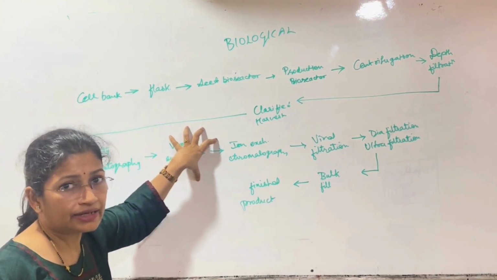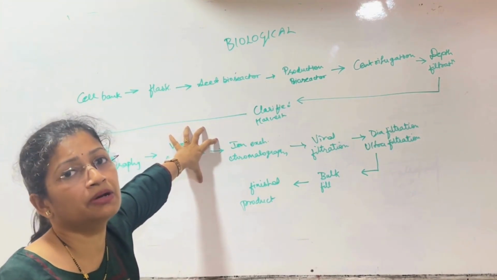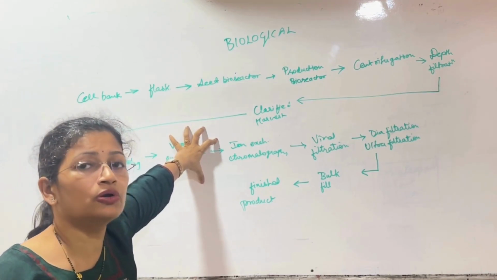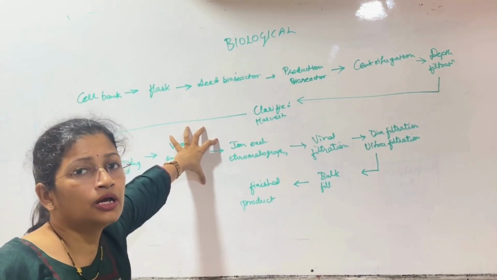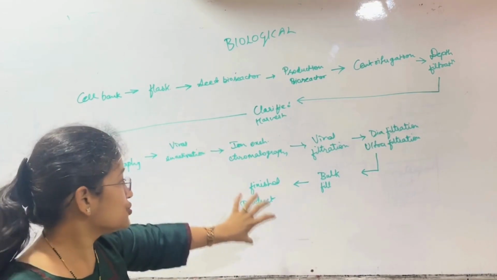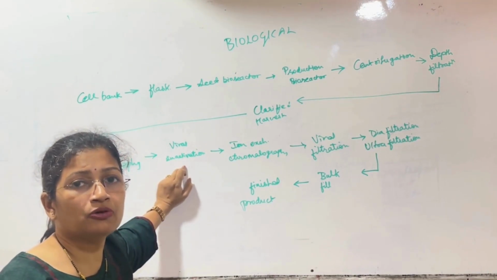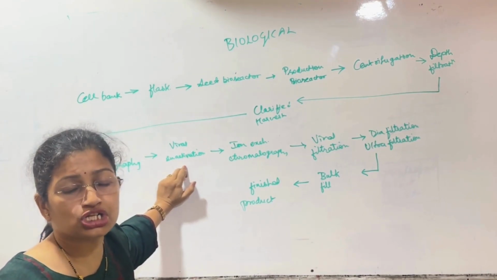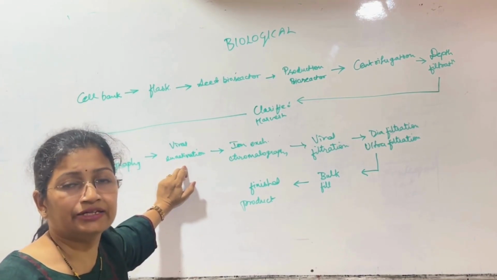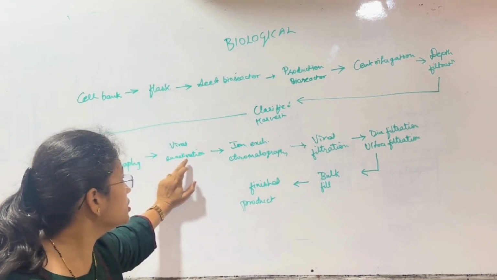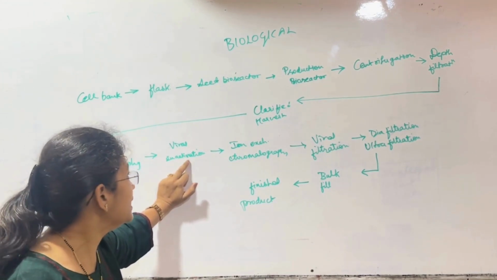Then viral inactivation, because as we discussed, these are biological sources. We don't want any unwanted virus to get into our finished formulation. So viral inactivation is done with the help of some solvents or detergents or acid, wherein low pH. Here the viruses will be inactivated.